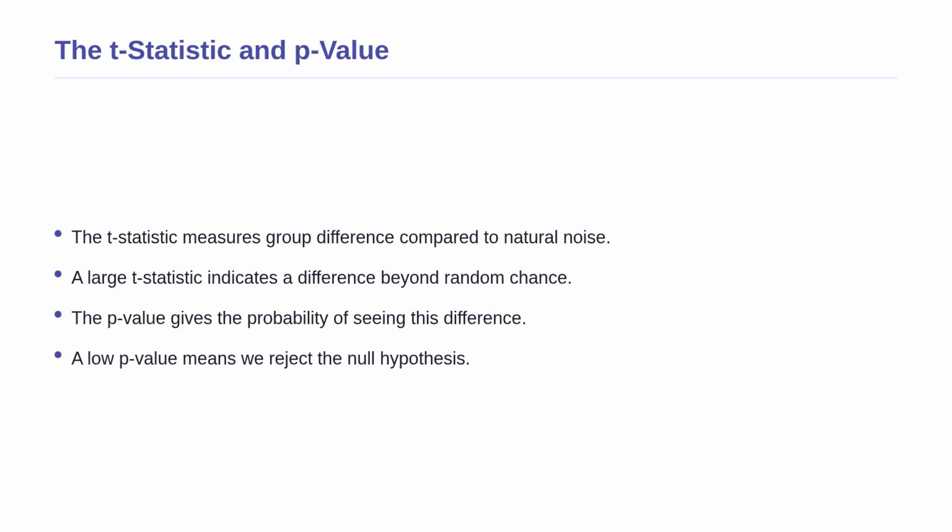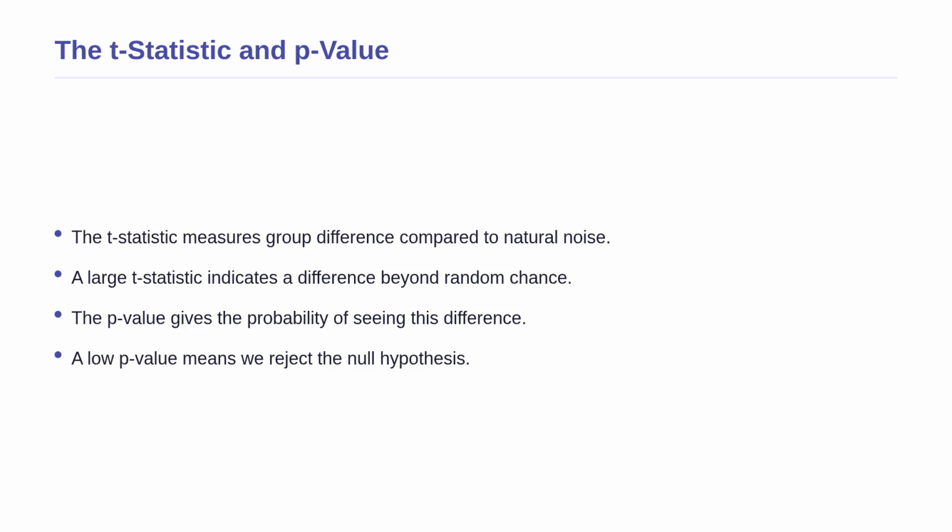With our null hypothesis defined, how do we actually test it? The t-test calculates a specific number known as the t-statistic. This number measures how large the difference between the group means is compared to the natural variation, or noise, within those groups.